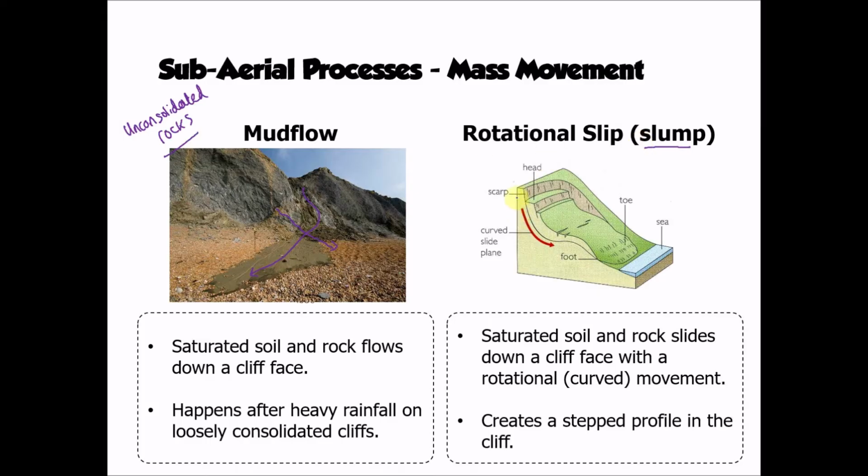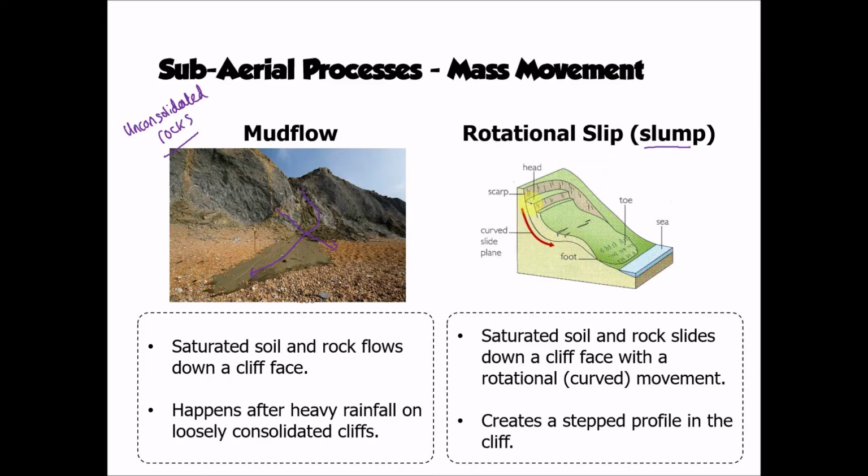Imagine if you slumped into your chair, your back would slide down the back of the chair and your bum would slide across the seat of the chair and your legs would slide down onto the floor. That slumping motion is what the cliff is doing. So it's a slide of material, okay, but one with a curved motion.